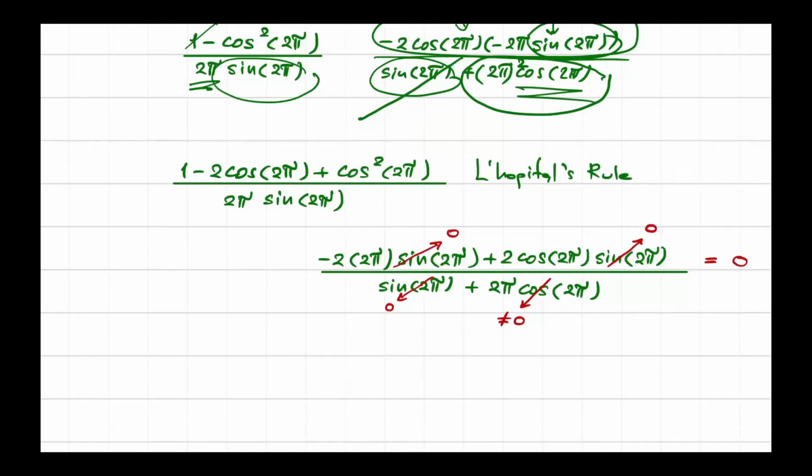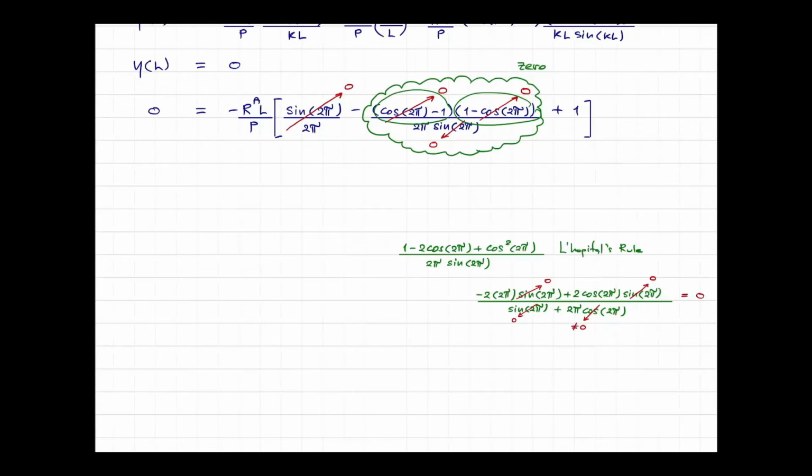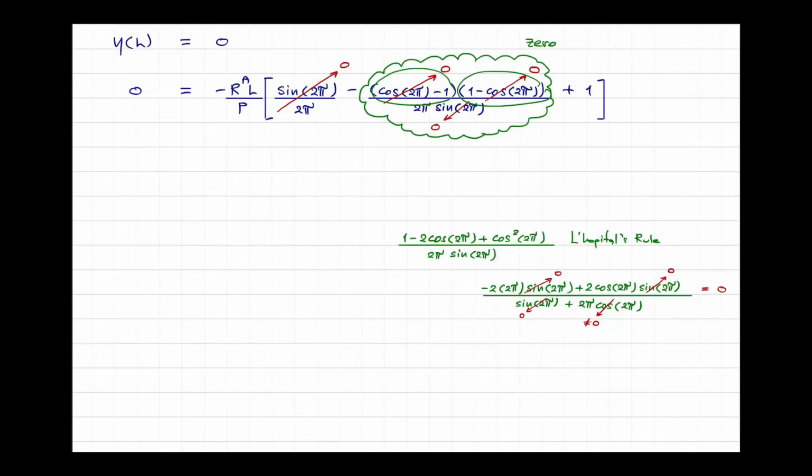Sir, for this one, the P is dependent on the K, no? The P depends on K, depends on 2 to 4. Yeah, because the P is a function of K, so while we are applying L'Hopital's rule, we have to consider that one as well.